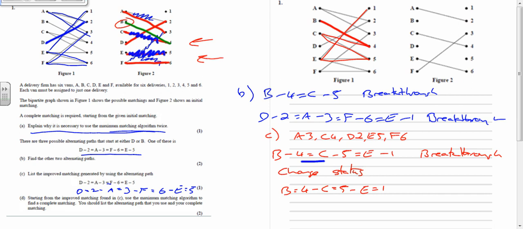I've done C equaling 5. I've done E equaling 1. And again, I haven't changed A going to 3, D going to 2, and F going to 6.